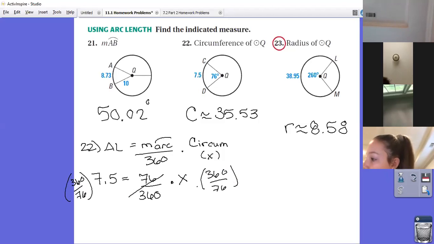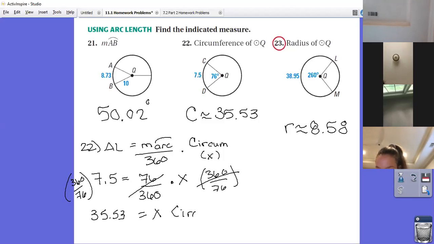So this would become 1, and then I have X is equal to, and then in your calculator, you're just going to do 360 divided by 76, and then multiply that by 7.5. And that would be your circumference.